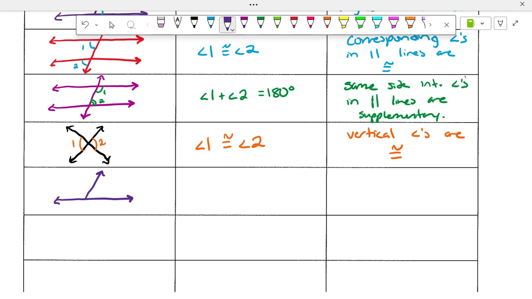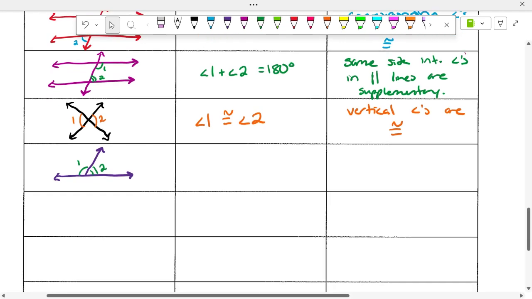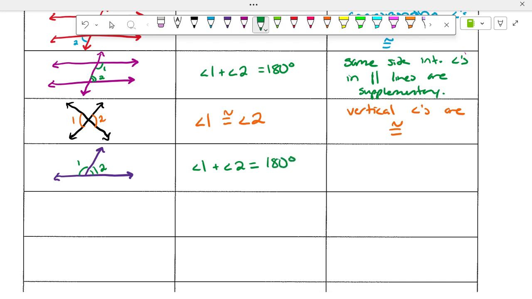Now, let's say I had something like this. All right. Angle 1 and angle 2. First off, those two angles will be what? Supplementary. So angle 1 plus angle 2 is equal to 180 degrees. Now, why are they supplementary?